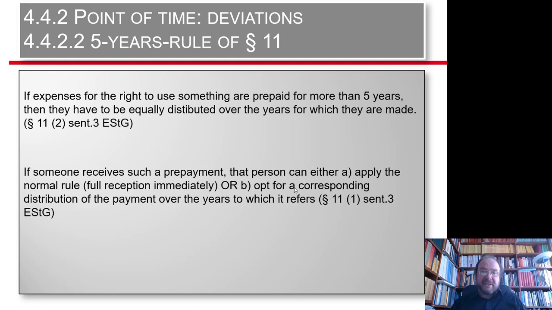And then the law's answer would be: congratulations, no chance. If you prepay such things for more than 5 years, that doesn't help. Then you have to distribute them equally over the years to which they refer.